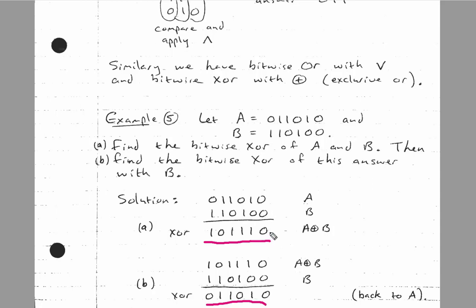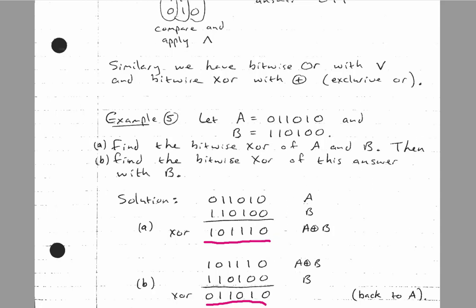If you exclusive OR the same string twice, you get back to the original. So with bitwise exclusive OR, you don't lose any information. You can get back to the original string if you apply it twice.